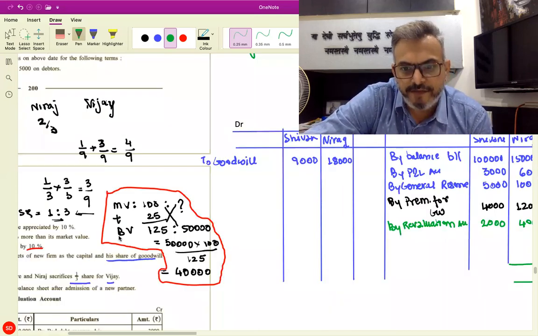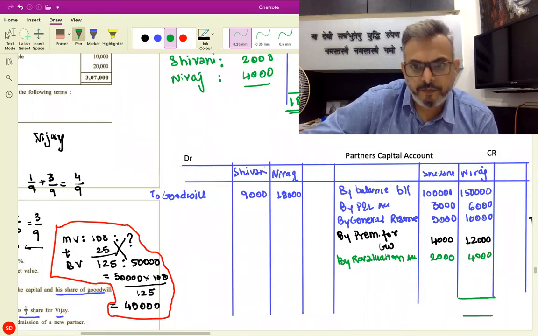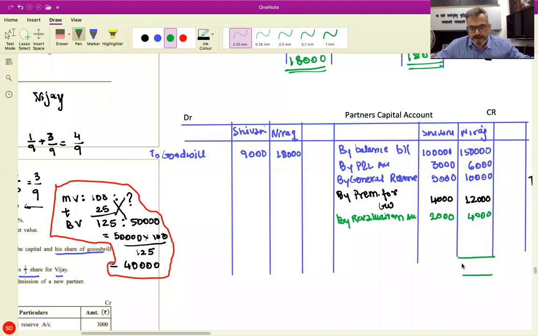First, find the balance. Now, in Neeraj's account, you have to see which side is more. Obviously, your credit is more. Do the total: 1,50,000 plus 6,000 plus 10,000 plus 12,000 plus 4,000. 1,82,000.